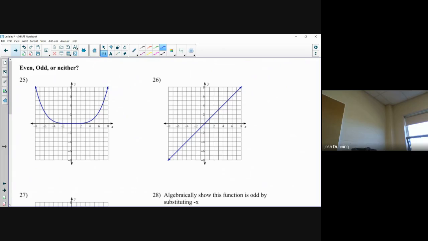Now, 25 is even, a mirror image right down the line. 26. If I take that and I rotate that, it still looks exactly the same.